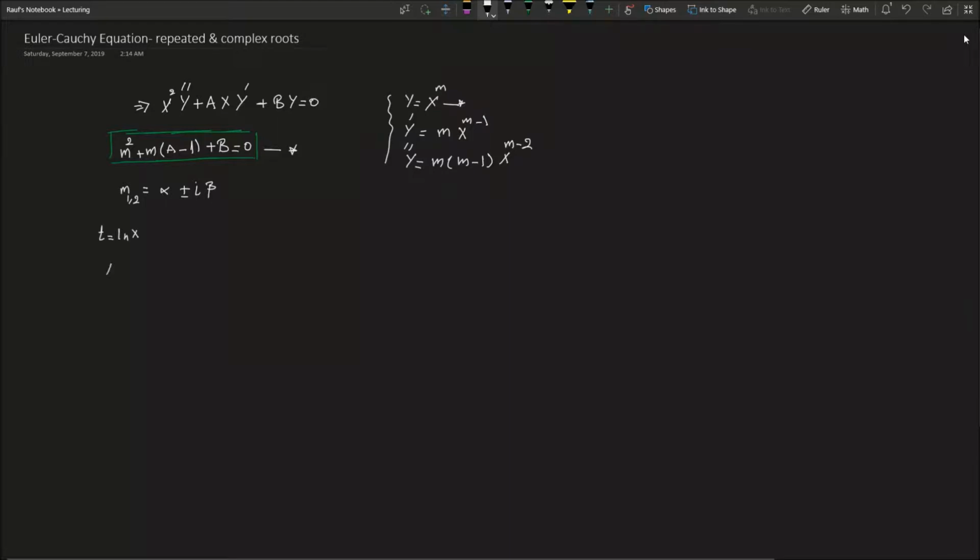Then your general solution in terms of t will equal c1 e to the power of m1 t cosine the value of beta multiplied by t plus c2 e to the power of m1 t sine the value of beta multiplied by t.